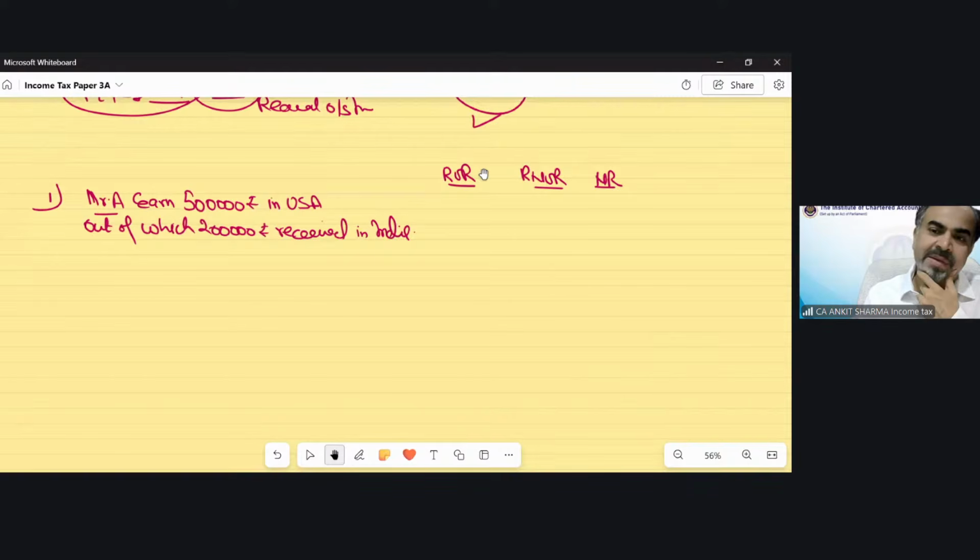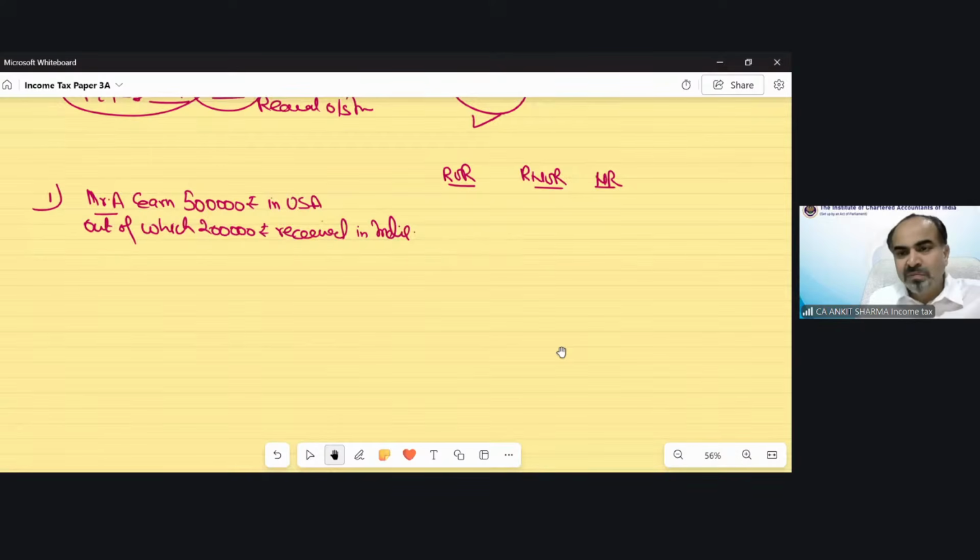Akhila is saying remitted means transfer. Yes, remitted means just transfer. After receipt, whatever you do, that is called remittance. Akhila is saying 2 lakh. 2 lakh in which? Is it in ROR, RNOR or NR? Or in all the categories you are saying it's 2 lakh. So you have to give the answer in which category, how much I am going to tax. Sushmita is saying 5 lakh for ROR. Akhila is saying 2 lakh for all three categories. Meenu is saying 2 lakh, all categories.